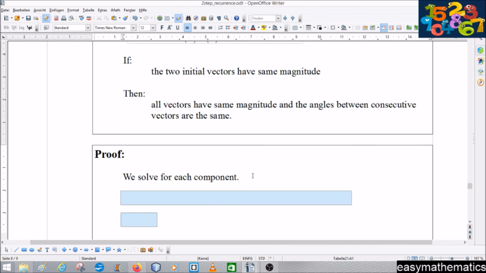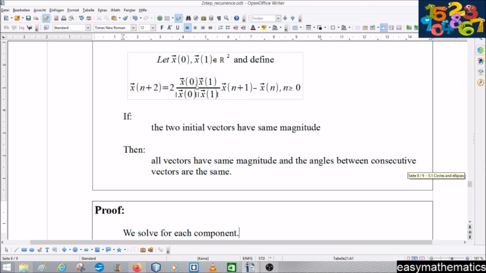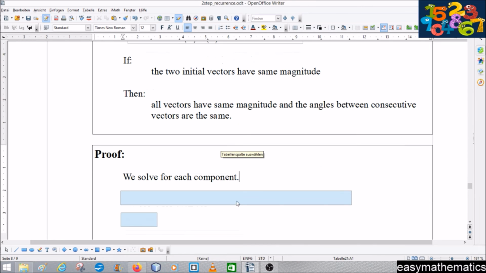We solved this for each component, and we have seen that if here is the cosine phi, and we have the initial values 1, 0, and cosine phi, sine phi, you can see easily that both initial values have the same magnitude and all the angles are the same.